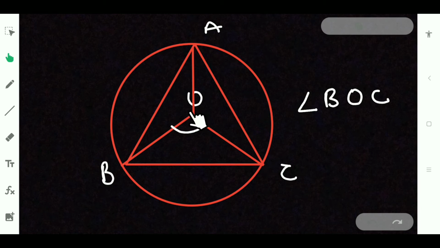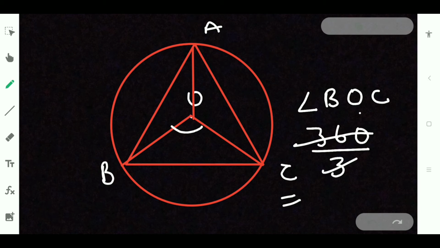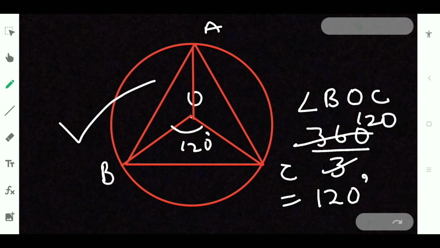So when they are subtending the angle like this, the formula to find this angle value will be 360 divided by how many sides the polygon has. Here the triangle has 3 sides, 1, 2 and 3, so we have to divide by 3. So this angle is 120 degrees. This is the exact meaning of the sentence.